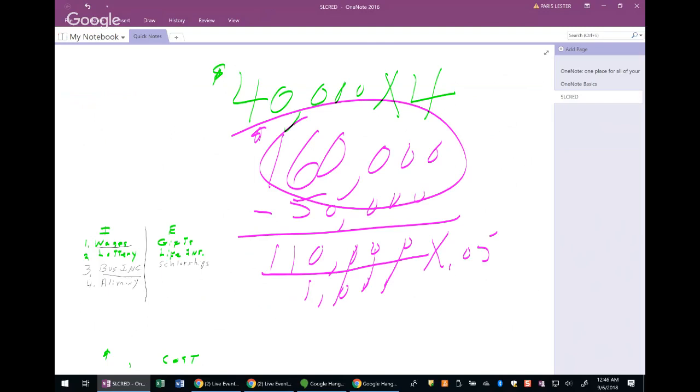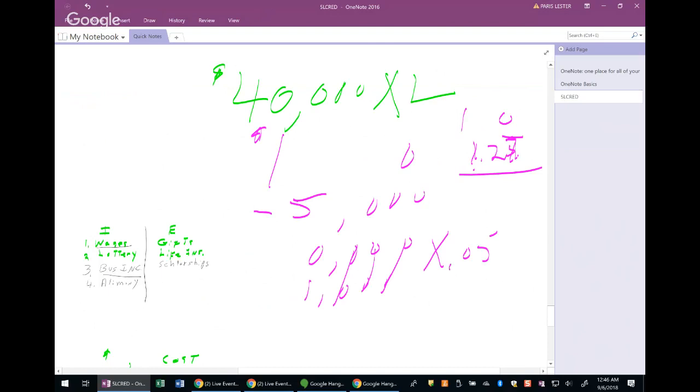Now, what is that number at 65? $1.27. Okay, now multiply 110 times $1.27. He'd have to include 139 in his salary. He'd have to include that much every year. So that's the way it works.